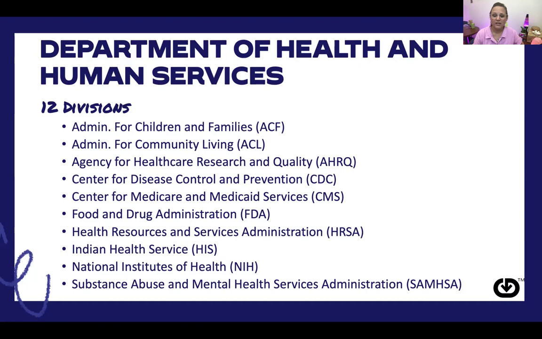Healthcare Research and Quality is a research branch of the government. The CDC is in charge of preventing any infectious diseases and protecting our community from illness. Center for Medicare and Medicaid Services is in charge of Medicare and Medicaid. The Food and Drug Administration is the one that regulates our medications. The National Institutes of Health is another research branch offering clinical practice guidelines for providers. And I think that's enough for now.